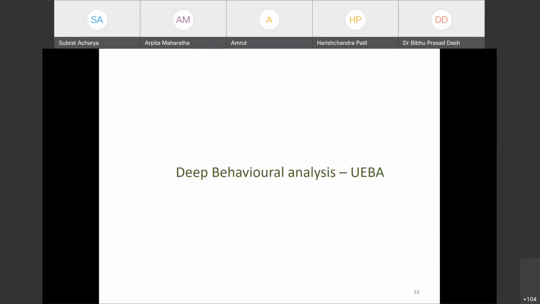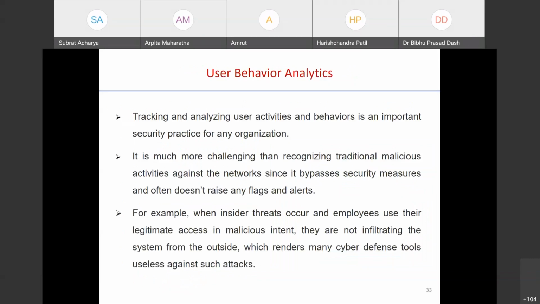So again, we'll come to the final. What is the behavior analytics we are discussing? So here, what we are doing is we are taking the pattern from this traffic, and then we're tracking the data, and we're recognizing their activities. So we can see the different patterns of these actions, and those actions are being taken as input to this model.